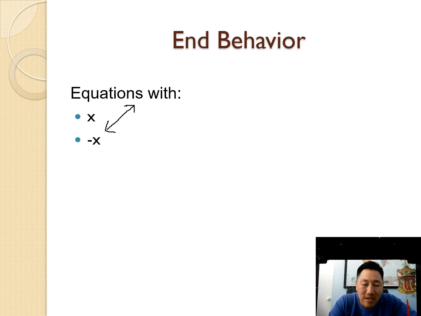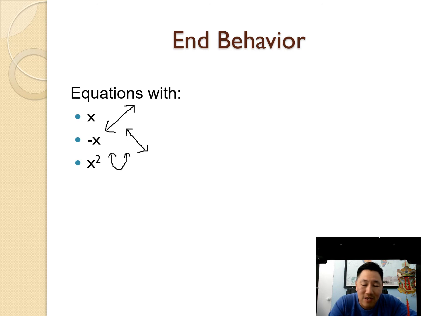And then we threw in a negative in front of it, and what happens? It switched around. The left side now goes up, and the right side goes down. So that's what you did in Algebra 1. Last chapter, we did x squared. These graphs were these happy faces.